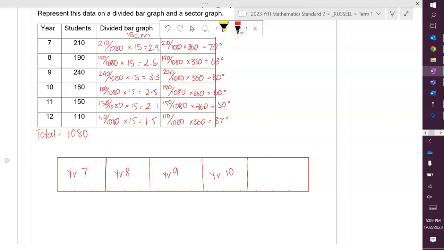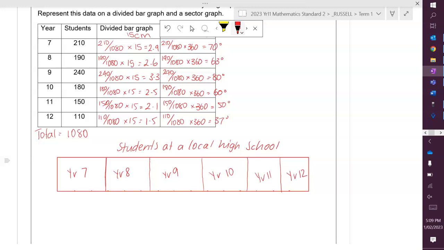Year 11 is 2.1, but I'm going to come in from the end 1.5, just to make that a little bit easier to work out. So this is year 11, and then this would be year 12. We need to give it a title, so our title will be Students at a local high school, as that's what the information is about, and that's back in our example question.